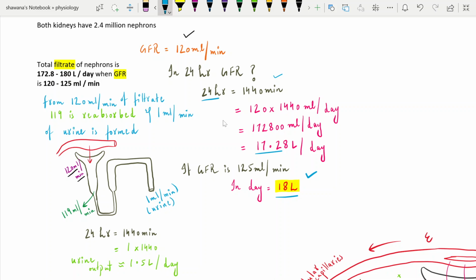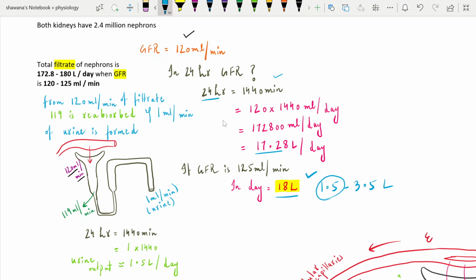Our estimated amount of urine for the whole day is 1.5 to 3.5 liters. We take this number because we are considering just an estimate. So all of that 17 liters is reabsorbed. 99% of the filtrate is reabsorbed.